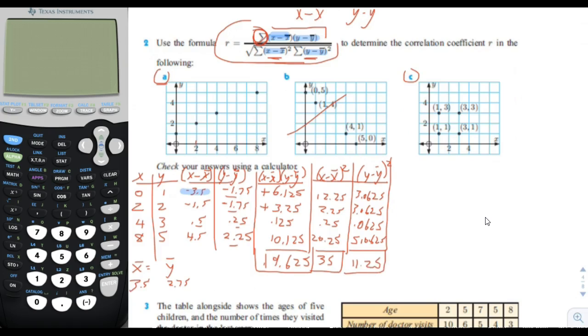Now let's mark what I have up here. I'm going to mark all the components I have using green. So I have sigma of x minus x bar times y minus y bar. I multiplied each x minus x bar times each y minus y bar, and I added them all together.